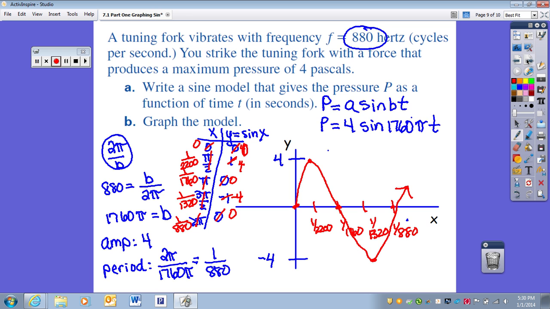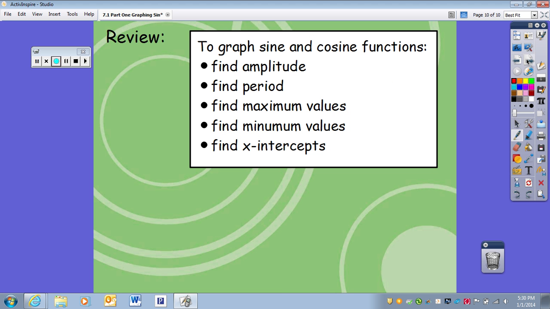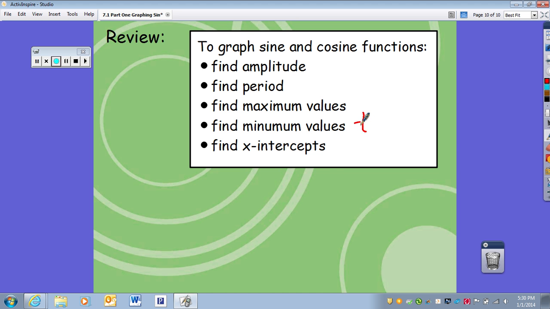So, to review, to graph sine and cosine functions, the first thing we want to do is to find the amplitude. We want to find the period, and then we want to find the minimum, maximum, and x-intercepts by our table. And remember, when we do our table, we're going to first do our basic table and then modify it as we need to for our transformation.